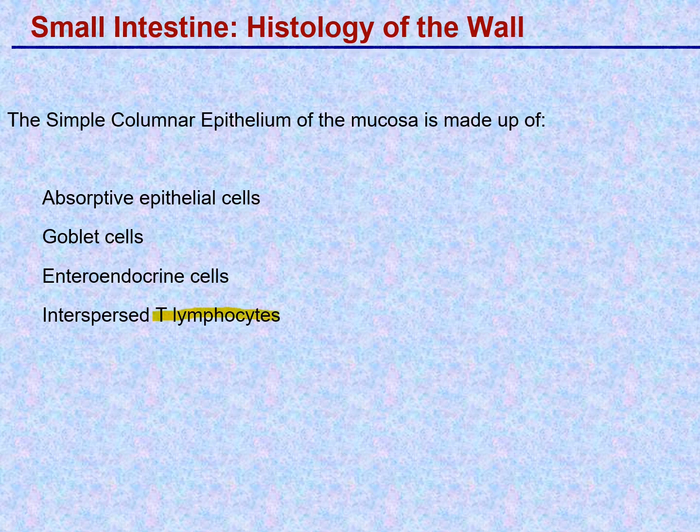In some parts of the small intestine, there are congregated areas of T lymphocytes or B lymphocytes. There are areas that have a whole bunch of lymphocytes in them, and we'll see them later.